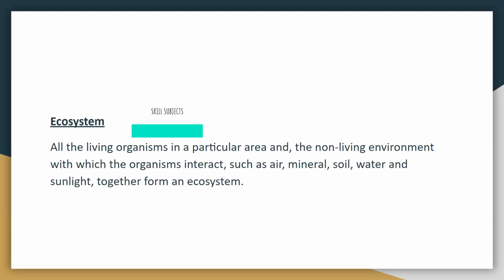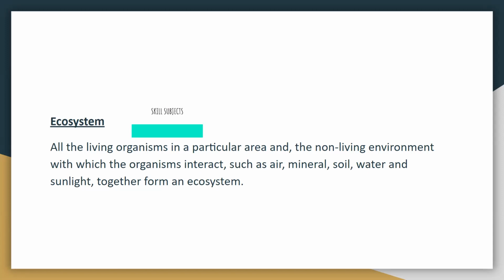Now, what is ecosystem? This term, you must have come across a number of times. So, what exactly is ecosystem? It is the organisms in a particular area that interact with that area. Like you stay at a particular place, the air around it, the soil, the water, they're all part of your ecosystem.